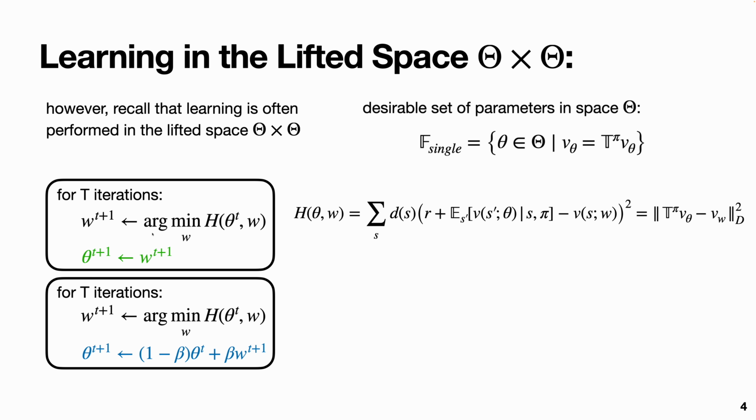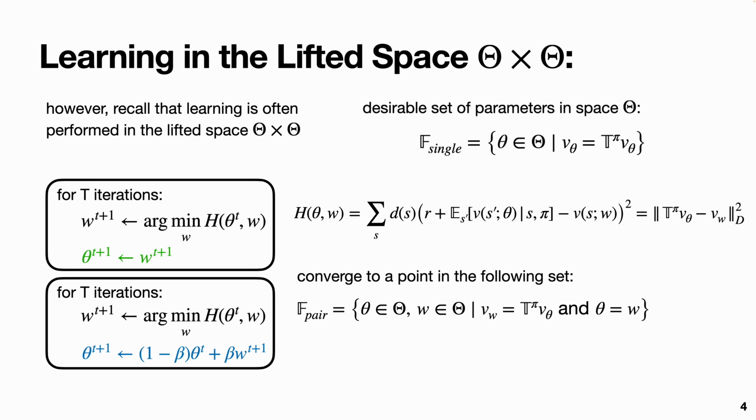Recall these two algorithms: we learn this online network, and then we also learn this target network. So learning itself is performed in a lifted space rather than just in the space theta. And again, to recall, this was the definition of H, some kind of Bellman error, which we could easily write in vector form.